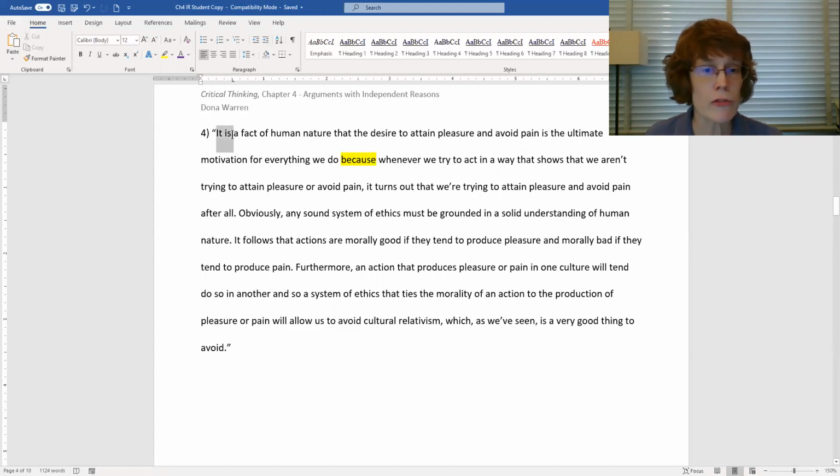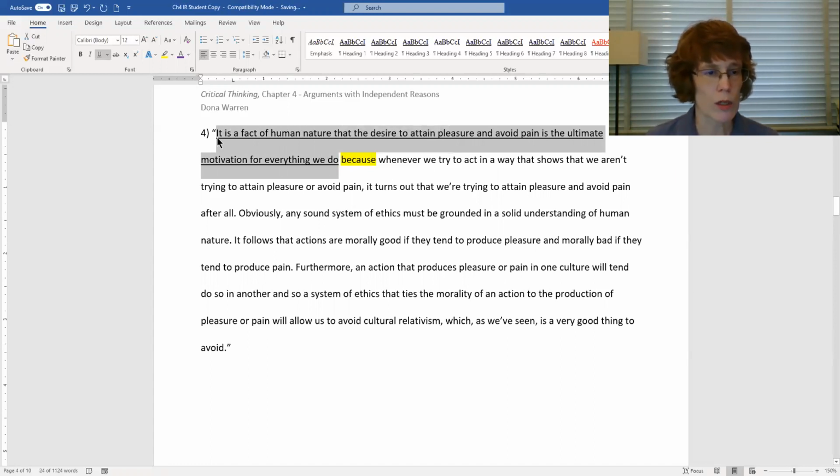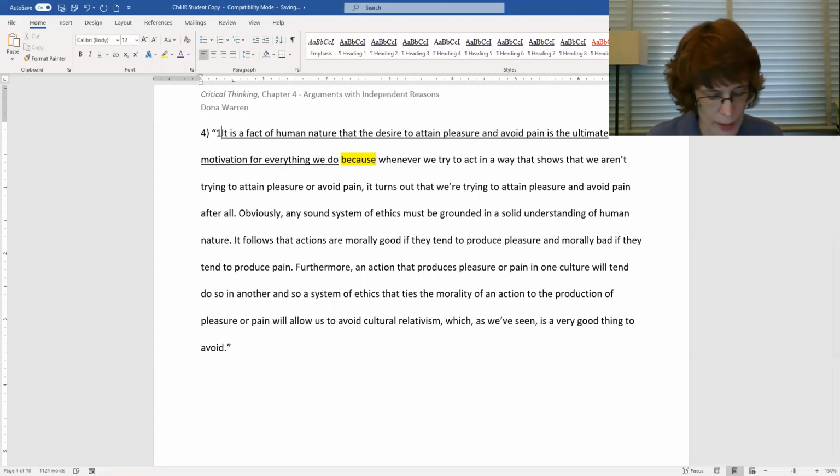It is a fact of human nature that the desire to attain pleasure and avoid pain is the ultimate motivation of everything we do. I'm going to call that 1. And again, I'm going to asterisk that just to remind myself, I don't mean to imply here that this is going to be the ultimate conclusion. It might not be. It's just the first claim in the passage.